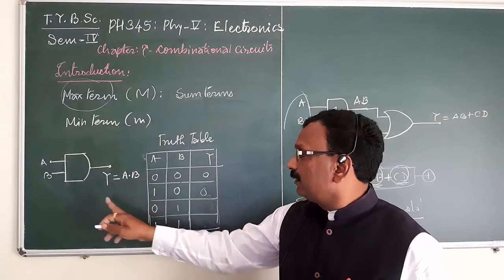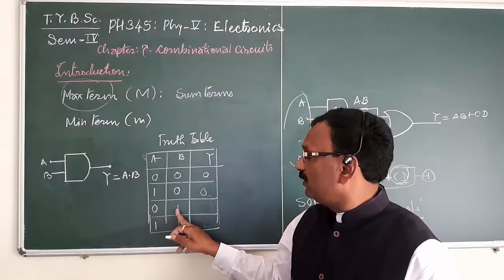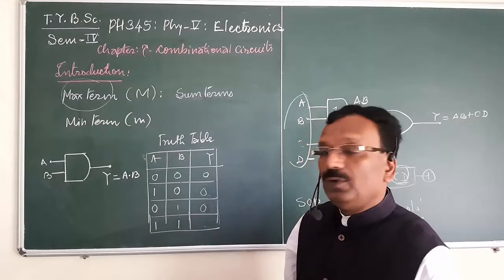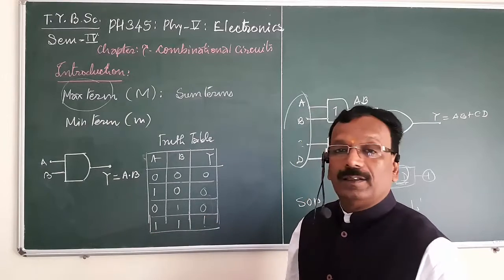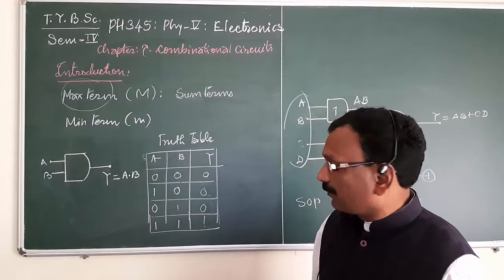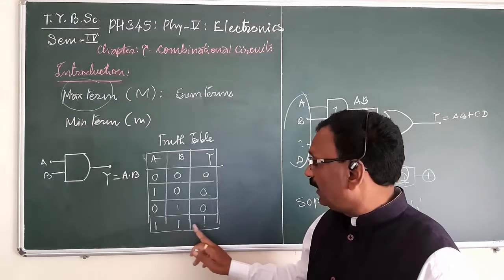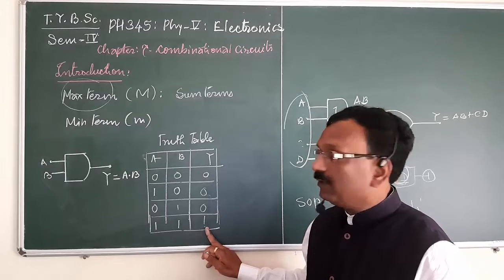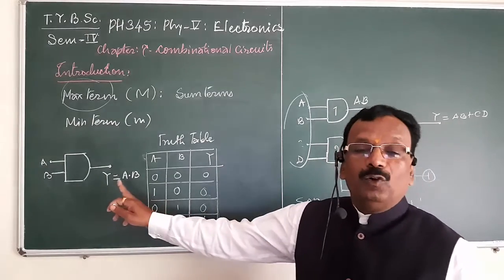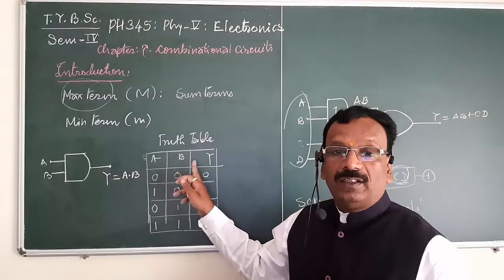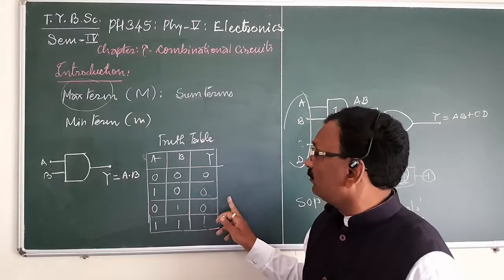Then again, when A is logically low and B is logically high, then output is also logically low. And when both the inputs are high, then output is high. Otherwise, output is logically low. And hence, the output of AND gate is called min terms or product terms.